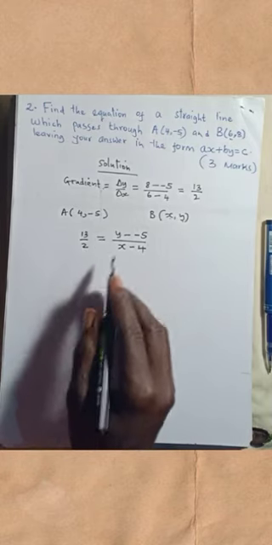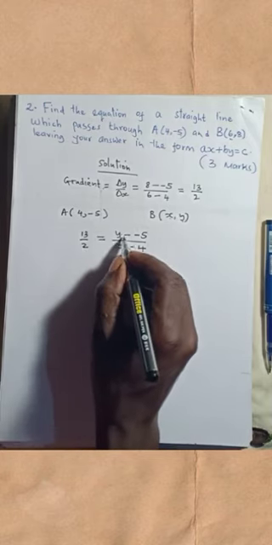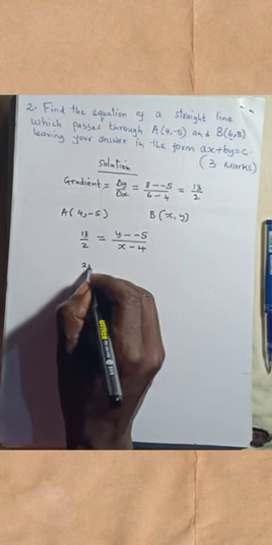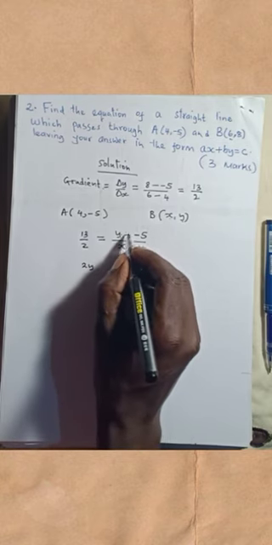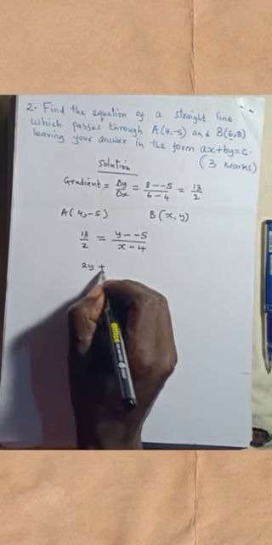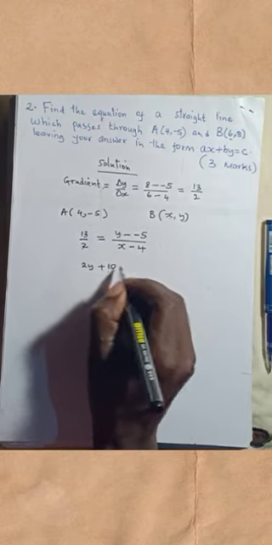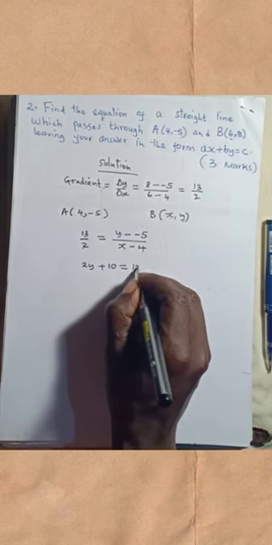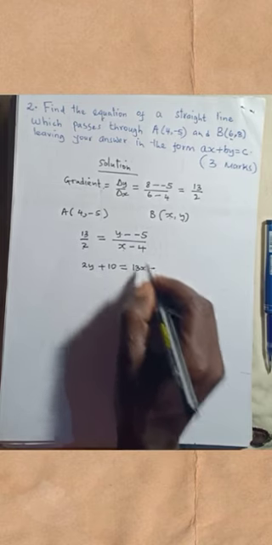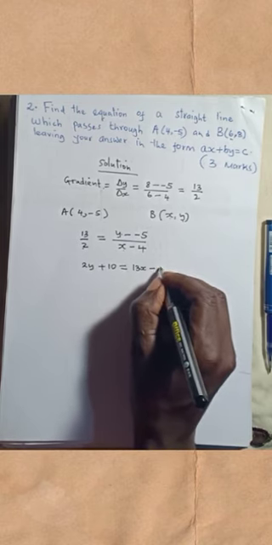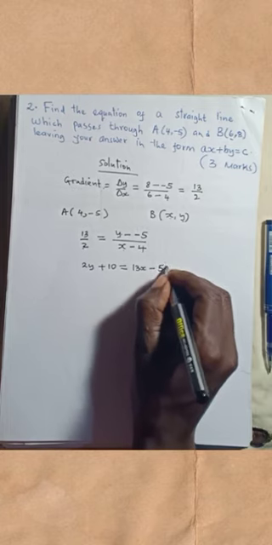So 2 multiplied by y, you get 2y. Then negative and negative becomes positive, so it will be plus 2 times 5, you get 10, is equal to 13 times x, you get 13x, minus 13 times negative 4, you get negative 52.